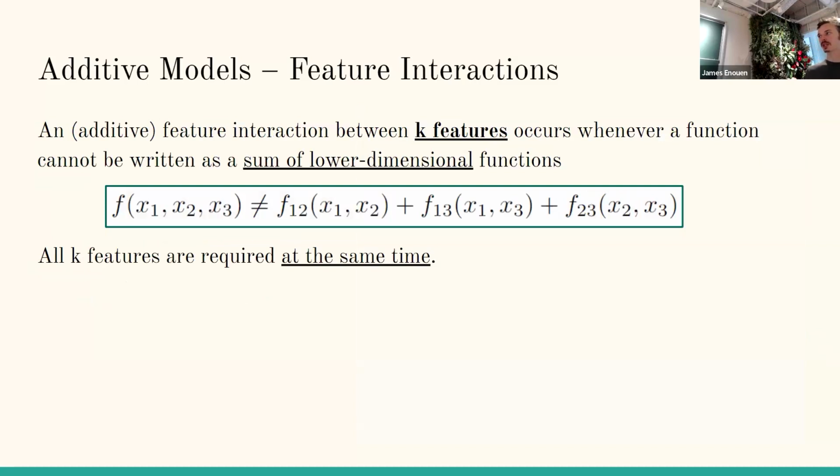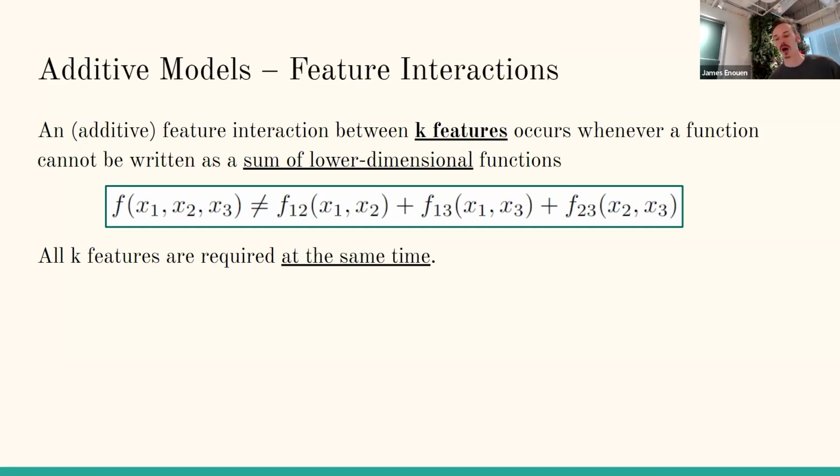So what is a feature interaction in general? There's an interaction between k different features when we can never write that function as a sum of functions over lower dimensional subsets. So here I have the three-dimensional equation written out, which says that the 1, 2, 3 function can be written as a sum of 1, 2 plus 1, 3 plus 2, 3.